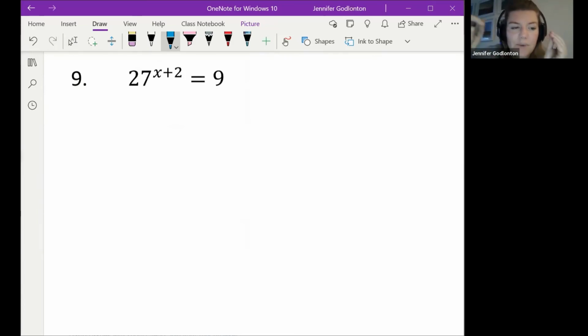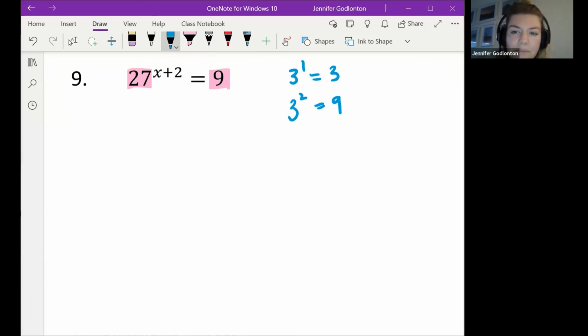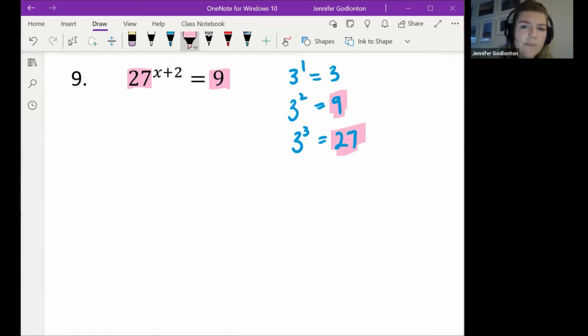So we need to think about our fundamental rules when we deal with exponential equations. Our first step is we need to get our bases the same. When you see a number like 27 and 9, what base should we have on both sides? Yeah, great. Because 3 to the power of 1 is 3, 3 to the power of 2 is 9, and 3 to the power of 3 is 27. Both of those numbers are what we care about.